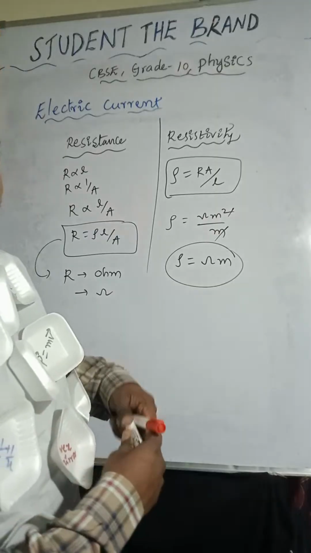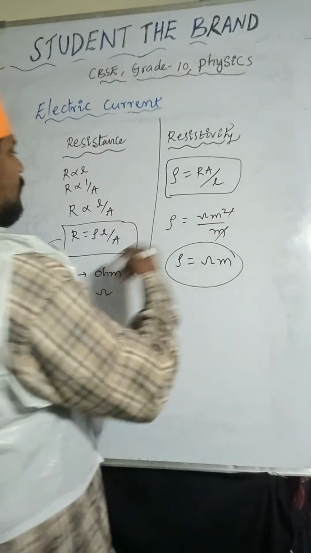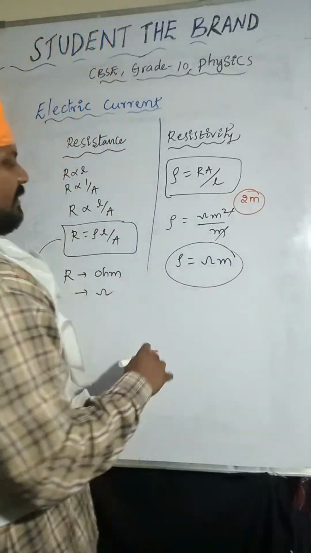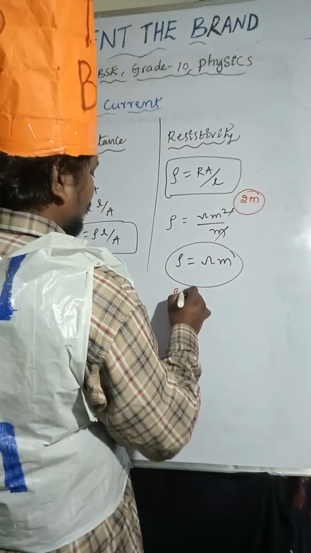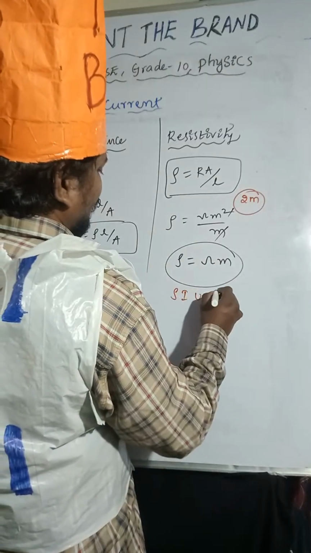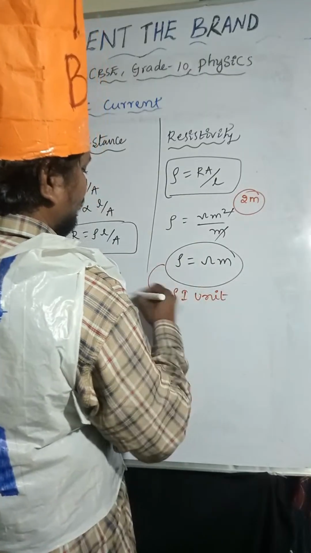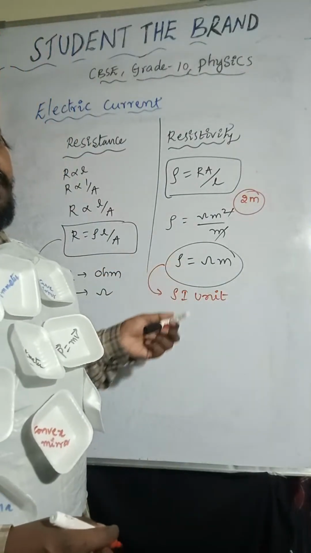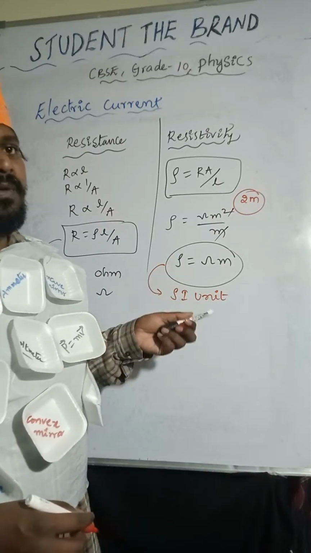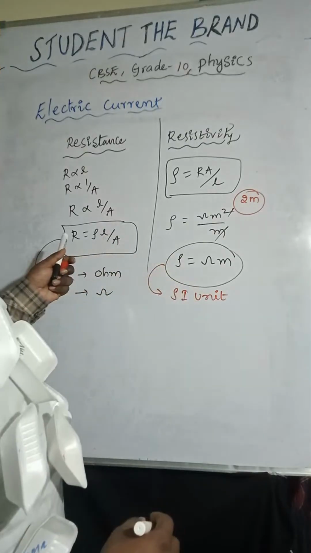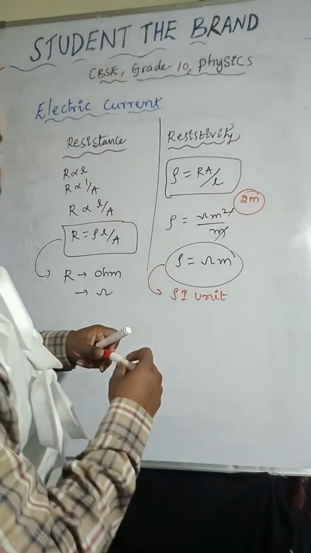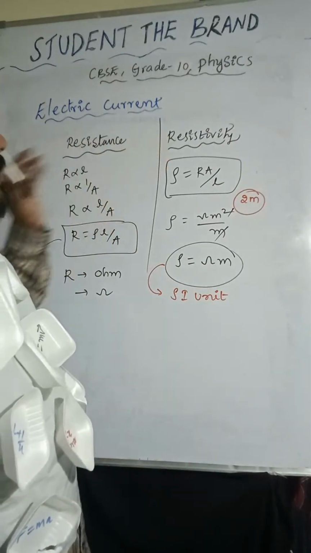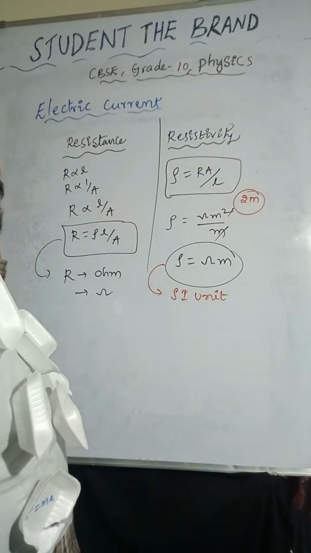In the exam they may ask a 2 marks question. So the definition is very important, and at the same time the derivation of the SI unit. Keep in mind how we have to derive it. If you get this one, automatically you'll get the resistivity formula and definition.